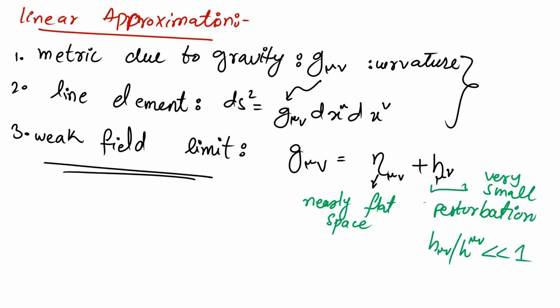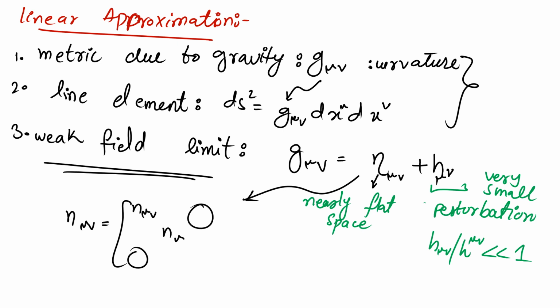The value of eta is given by a matrix, eta mu nu is equal to this one, a 4-dimensional matrix where the off-diagonal entries are all 0, which is equal to 1 if we see from very far.